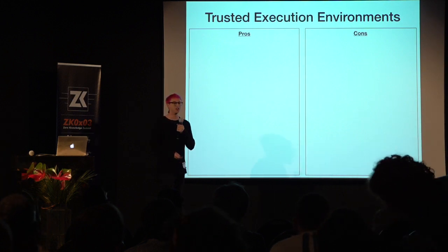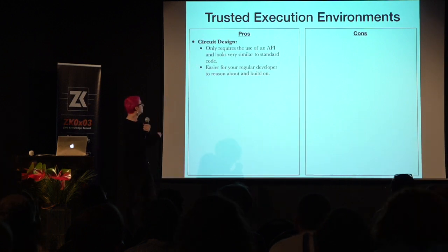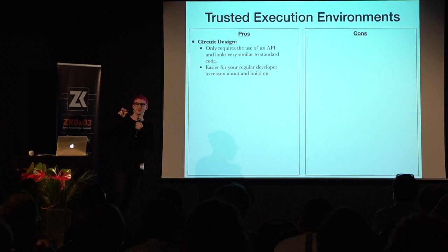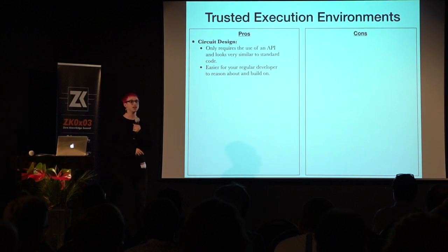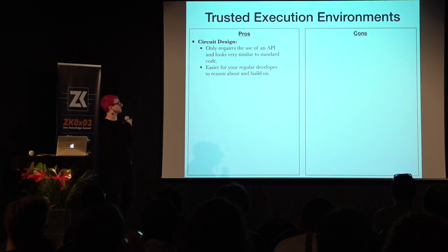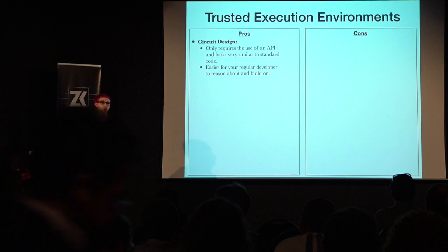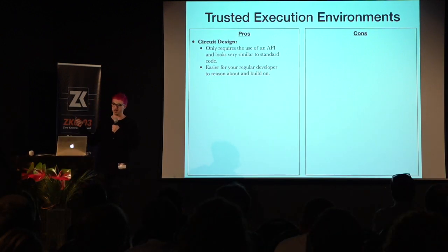So now, moving on to trusted execution environments. Circuit design is also relatively straightforward. It's not necessarily like a circuit like you're used to hearing with zkSNARKs, but it uses a very similar API to what you'd normally be developing with in any other library like OpenSSL.